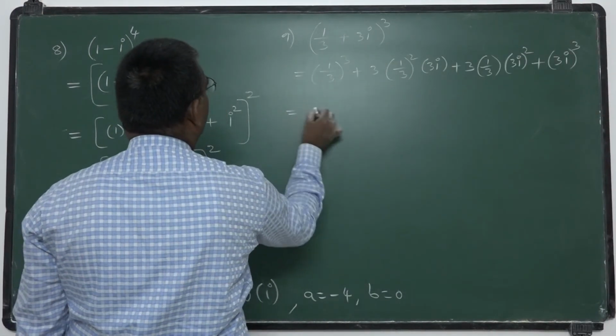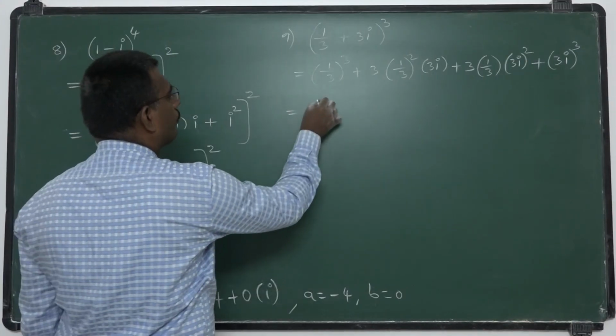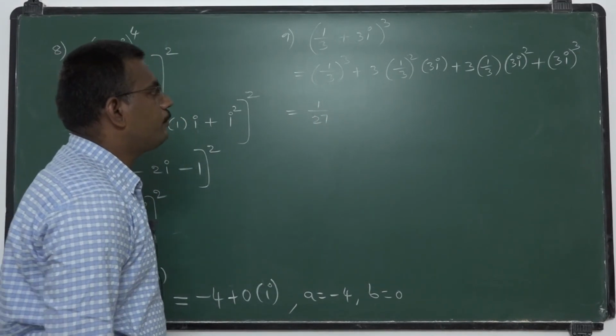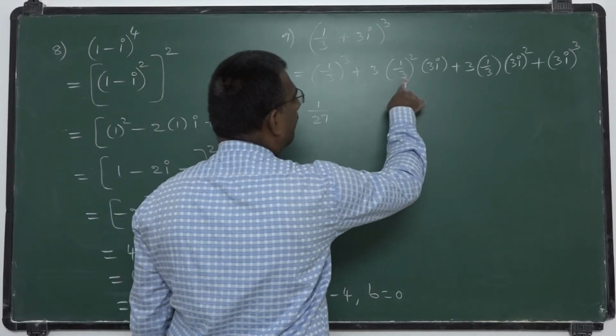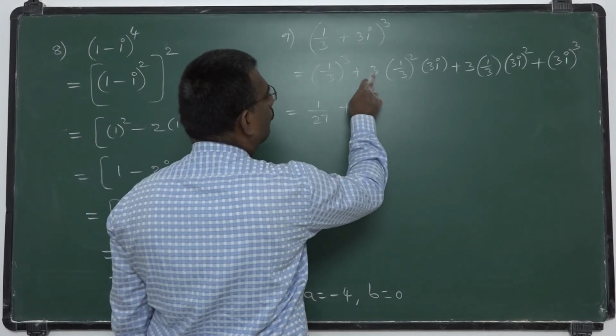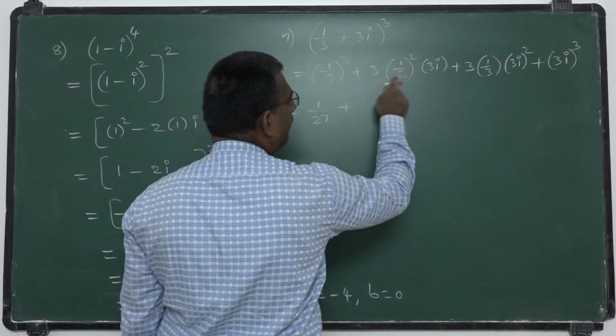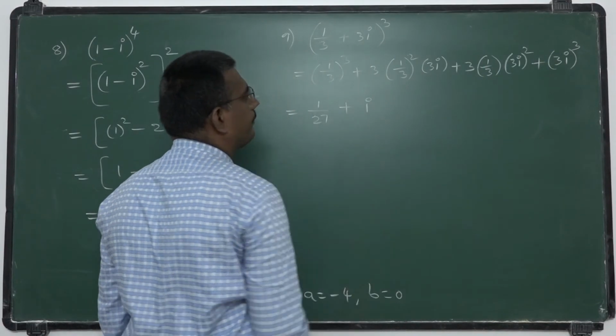So this is equal to 1 by 27, since (1/3) whole cube is nothing but 1 by 27. Then 3 into 1 by 9 into 3i: the 3s cancel, 3 times 3 is 9, 9 by 9 cancels, we get i.